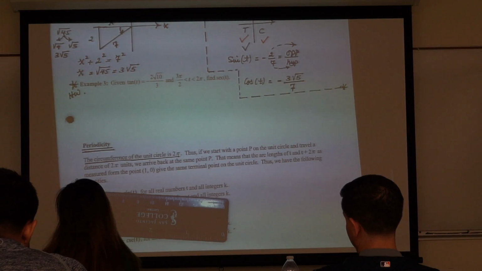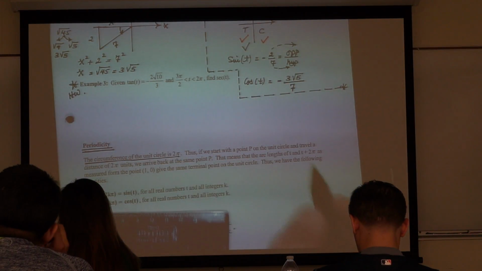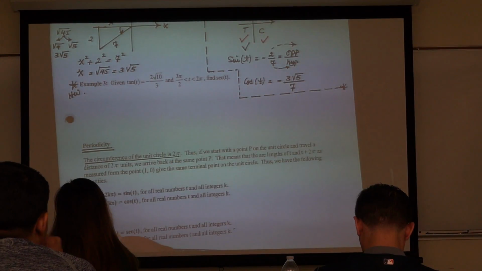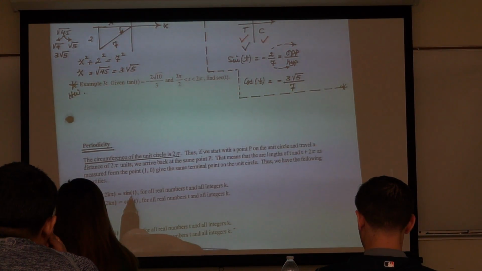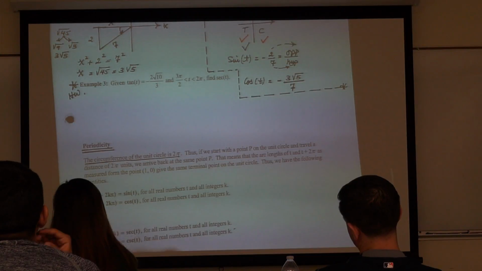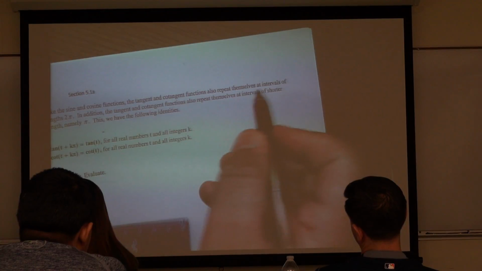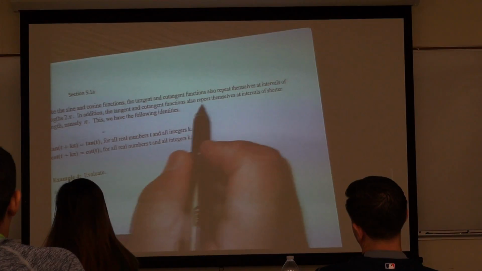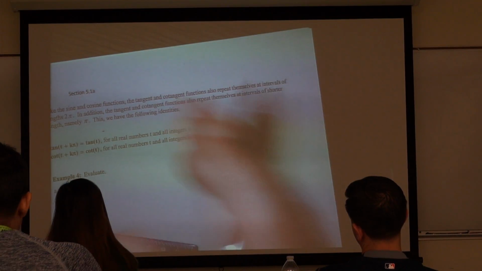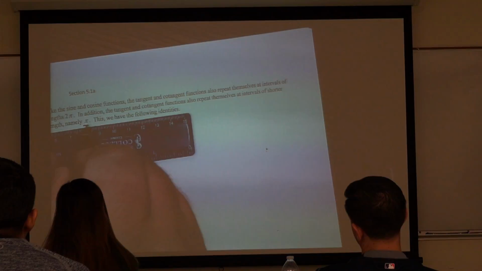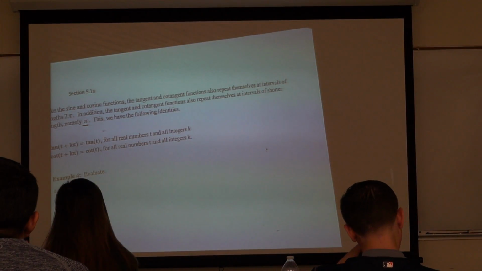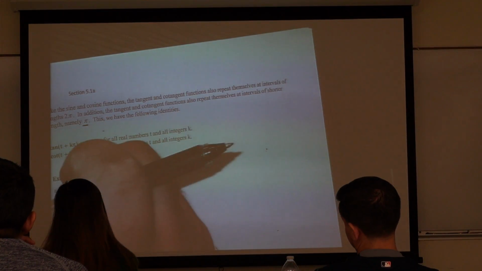Watch the sine and cosine, the definition of a period. Every time you add 2 pi, we get back to the same value, right? Now, that also holds for all of them, including cosecant. So pay attention. Like the sine and cosine functions, the tangent and cotangent functions also repeat themselves in an interval length of 2 pi. In addition, the tangent and cotangent also repeat themselves in an interval of shorter length, which is pi.